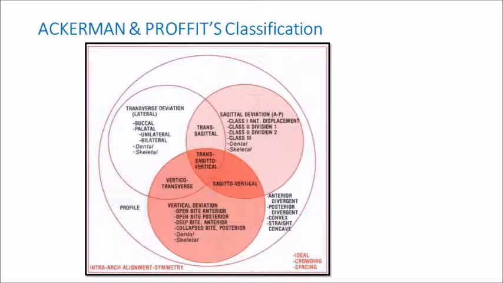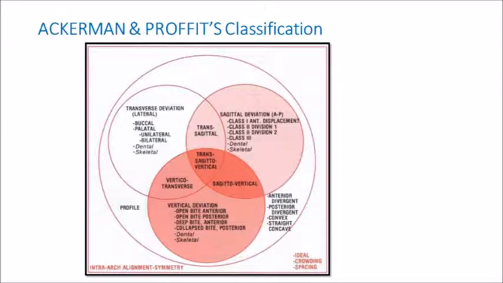Also understand that they are not representing individual transverse, sagittal or vertical deviations. This can be combined. So it can be a sagittal deviation, or a sagitto-vertical deviation. Both can happen together, or it can be a vertical transverse deviation. So this is very comprehensive. They are not considering the deviations as individual sets.